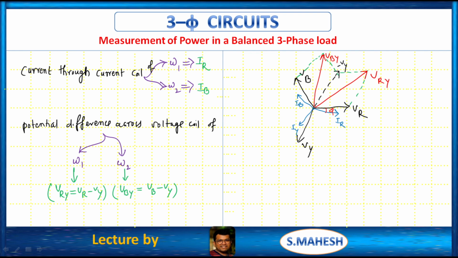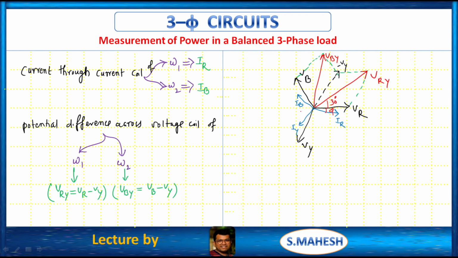Then what is the angle between IR and Vry? We all know that this is 30 degrees, right? Between IR and Vry, 30 plus 5. Like that, between Vby and Ib.